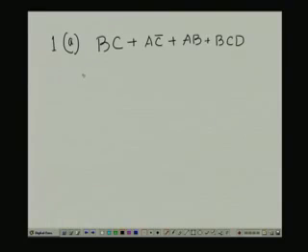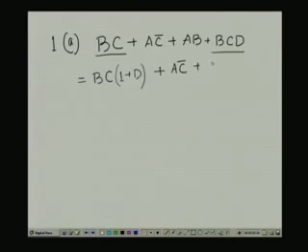Now, if we take BC common from BC and BCD, then it will be 1 plus D, and we keep AC bar and AB as they are, because no literals are common between these terms.